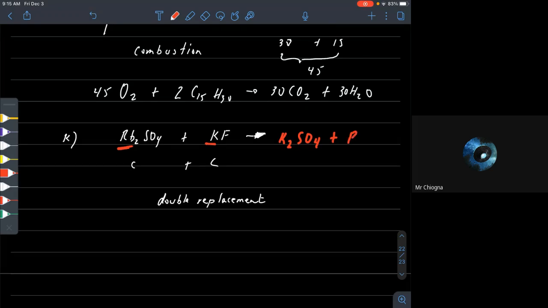So it should be RbF. And we got to balance it. Try this. That works.